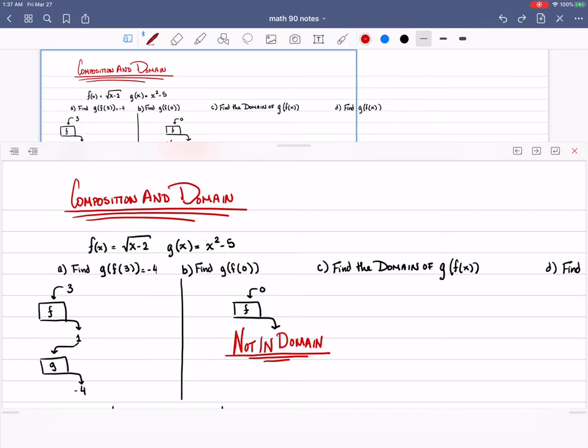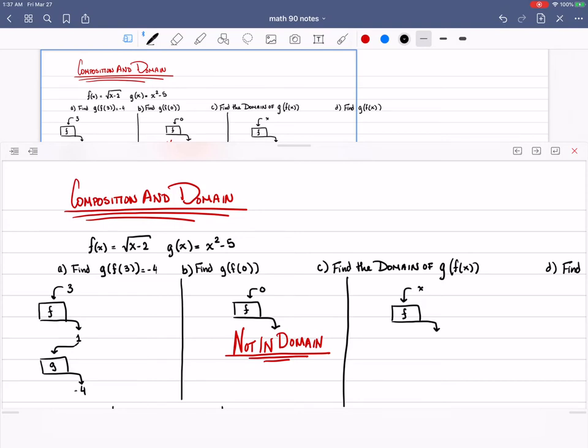So now let's talk about the domain of g of f of x. We're going to use our lesson from part b here. And again, I'm going to draw this picture. Let's trace x's path as it goes first through f and then through g. f says, hello, welcome.